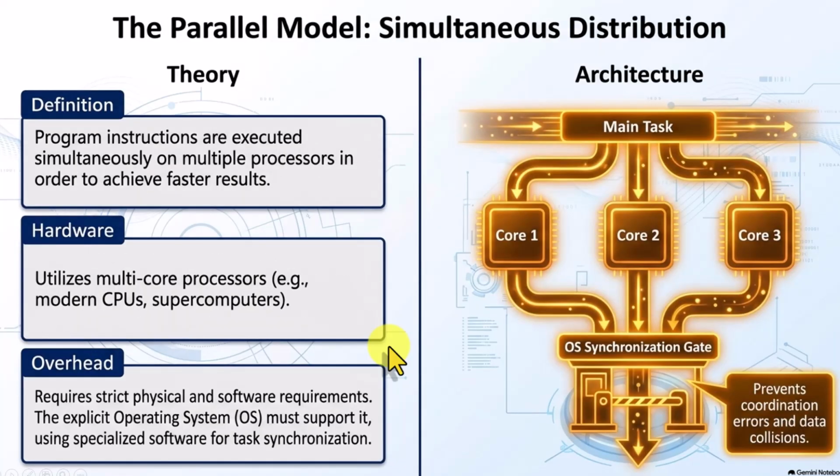The next one, the parallel model, that is simultaneous distribution. Here, as you can see, in modern computers, a processor can have different cores, and the main task can be divided, one part given to one core, the other part to the other core, and another part to another core. And the results of them will be synchronized to produce the outcome or the output that we want. And the theory is, program instructions are executed simultaneously on multiple processors in order to achieve faster results.